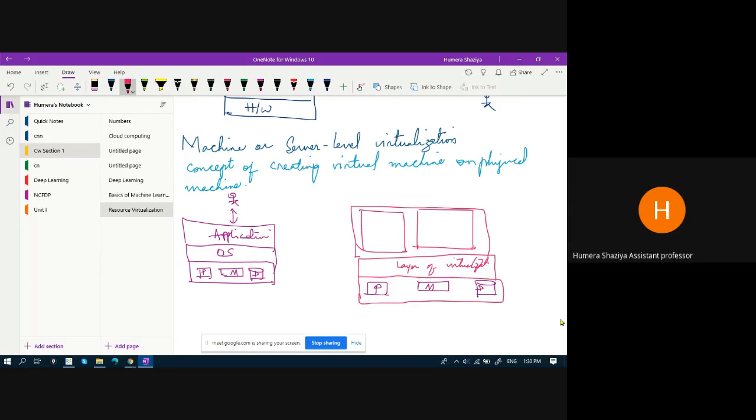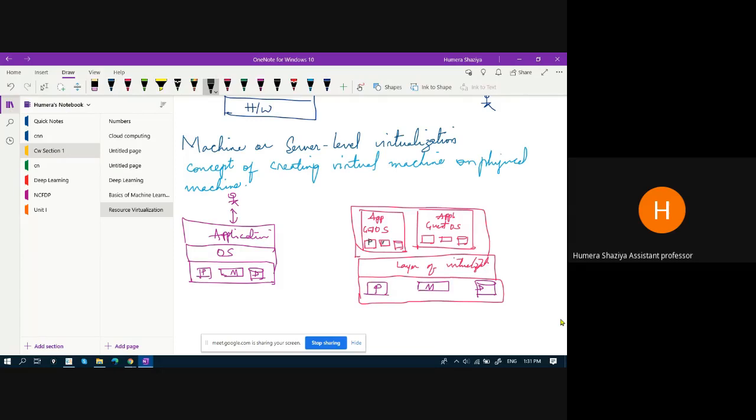So here, this machine will assume that it has all the three hardware resources. This is known as guest OS, and you have applications. Here also, this is guest OS and applications. If you observe, there is only one instance of processor.